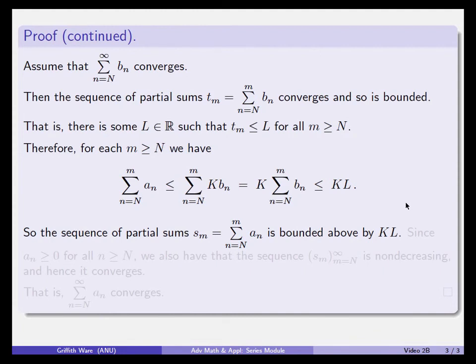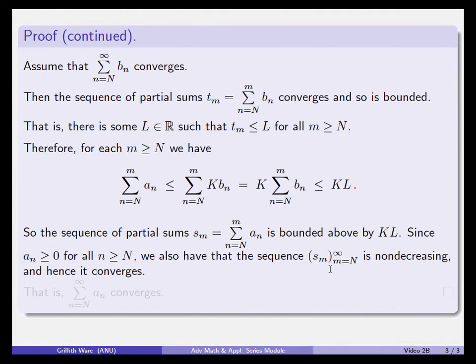Now, we've assumed that the AN are eventually non-negative, in particular beyond the point capital N, the terms AN are greater than or equal to 0. So this sequence of partial sums involves adding a non-negative value on each time. So this sequence must be non-decreasing, and hence it's a convergent sequence by the monotone convergence theorem.